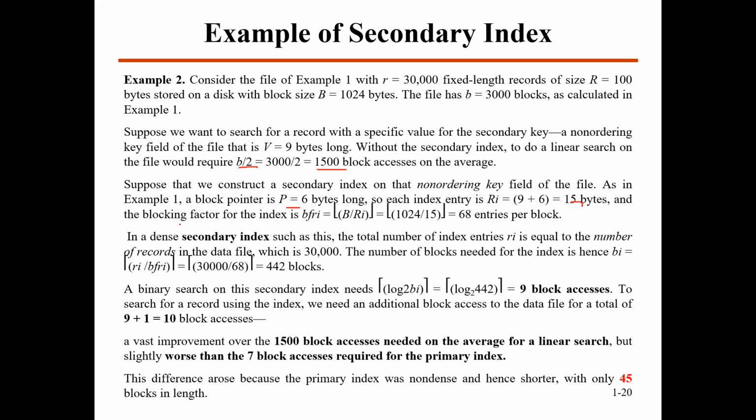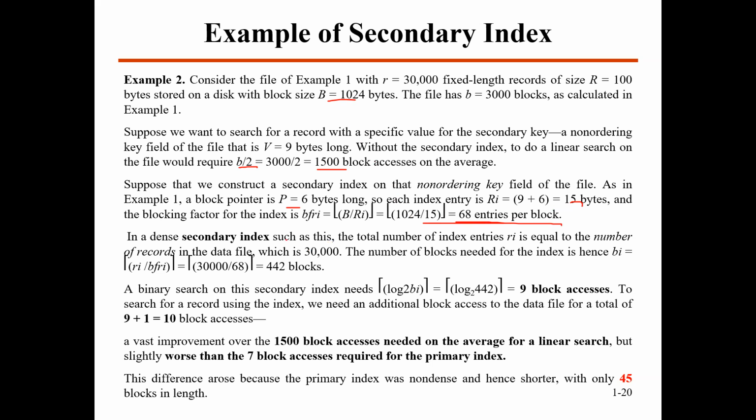And the blocking factor for the index is BFRI, which is given by the block size divided by 15, which gives me 68 entries for each block.